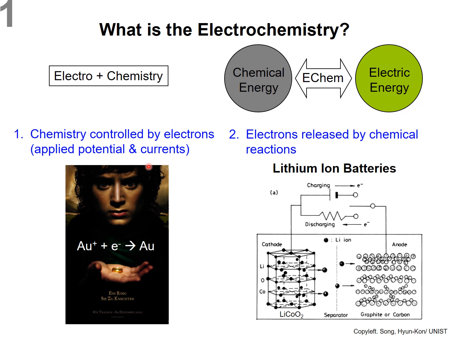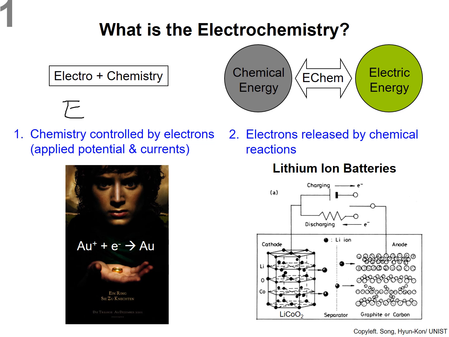Also, I gave two different definitions of electrochemistry. The first one was chemistry controlled by electrons. Here is an example. By applying some electrons, we have changed gold ions into gold metal. This is the electrolytic cell.